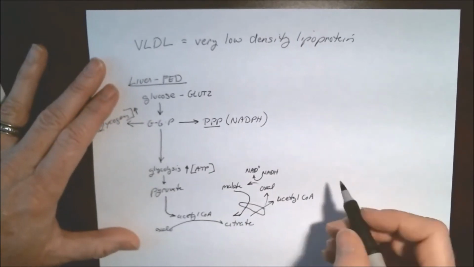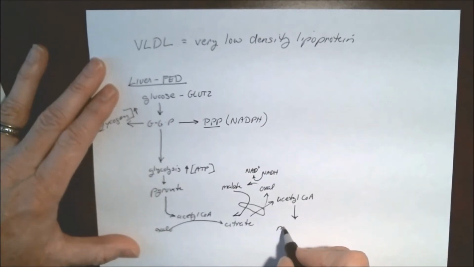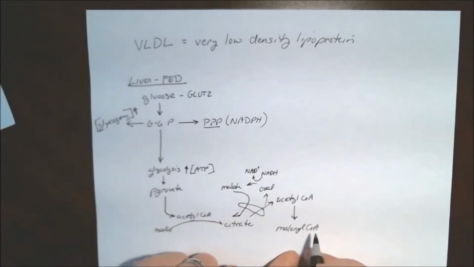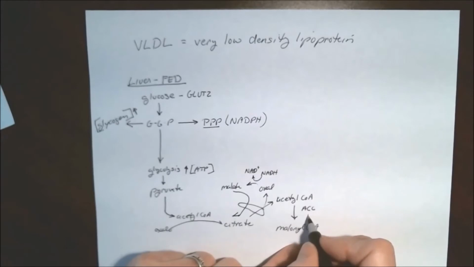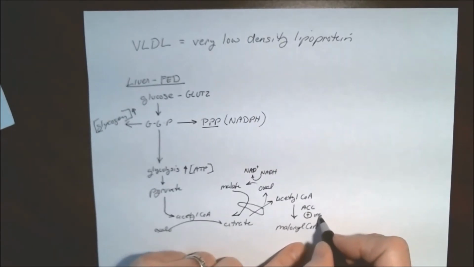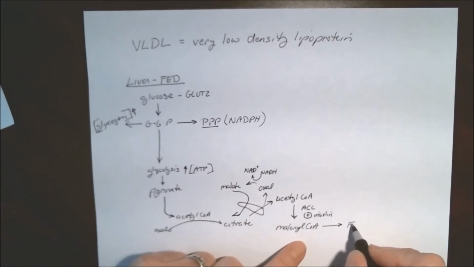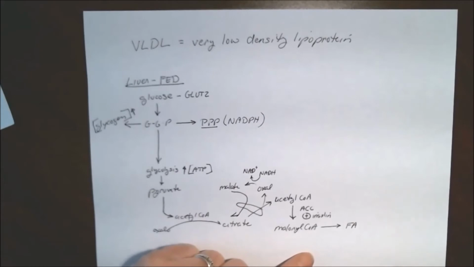Now the acetyl-CoA is going to be converted to malonyl-CoA because recall that the enzyme acetyl-CoA carboxylase is now under stimulation conditions because we have insulin signaling. And so the malonyl-CoA will be our primary substrate to form fatty acids.